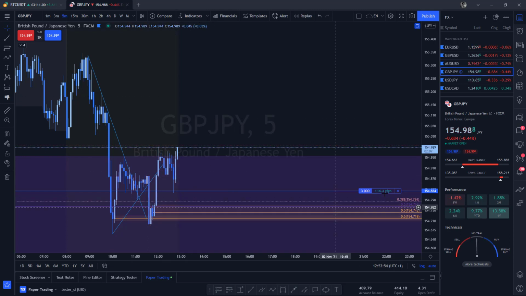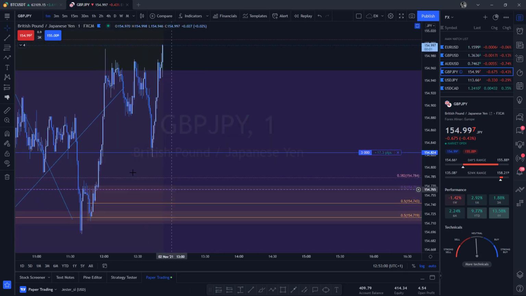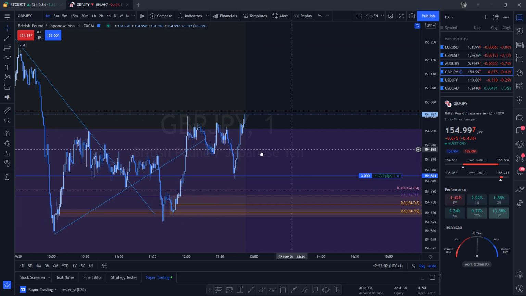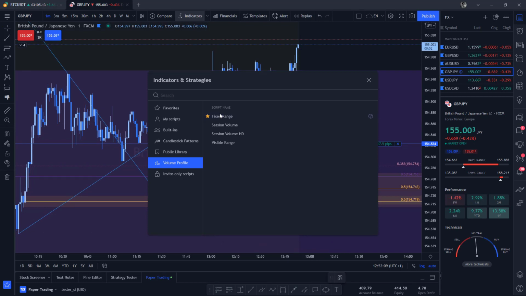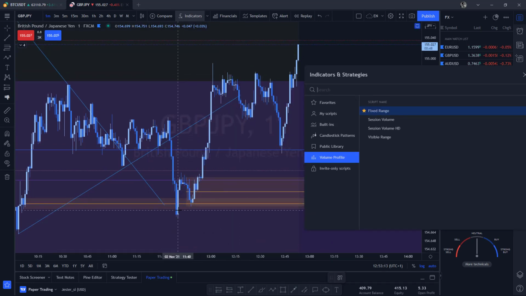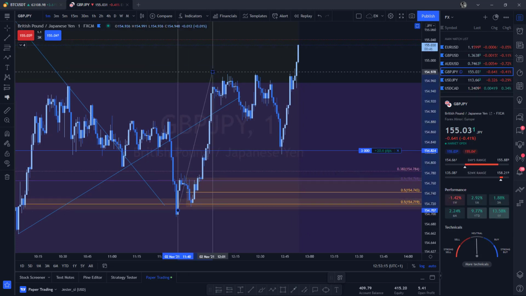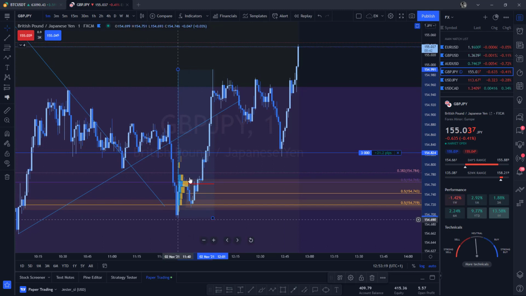And why I chose this entry for the long. Okay, there was a confluence on the volume profile from this low to this high. No, this low.